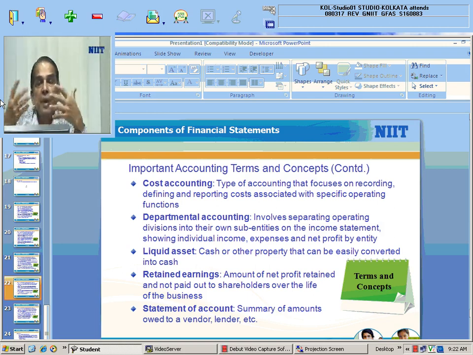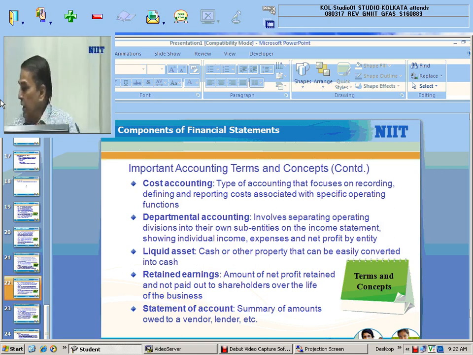Giving an example, a company in the first year earns a profit of, let's say, 50 lakhs, out of which it retains 30 lakhs in the business. So 30 lakhs is the retained earnings at the end of the first year.